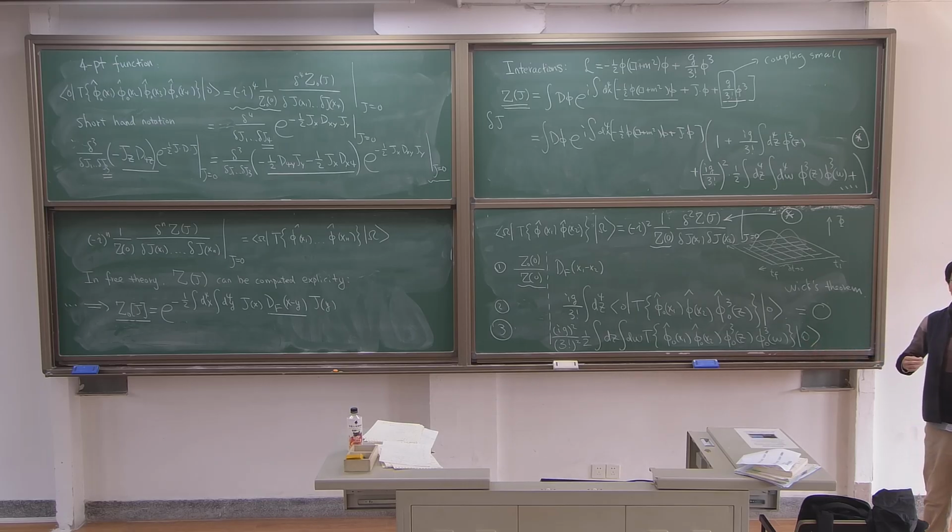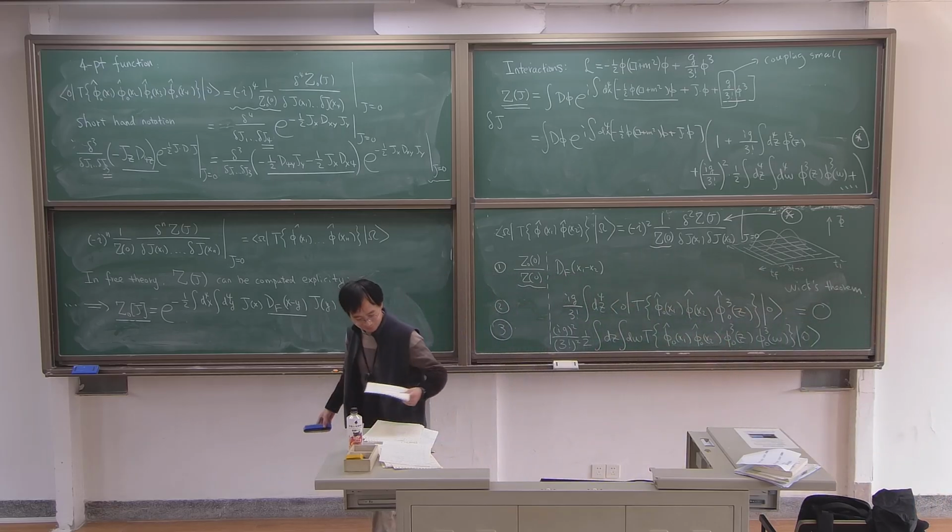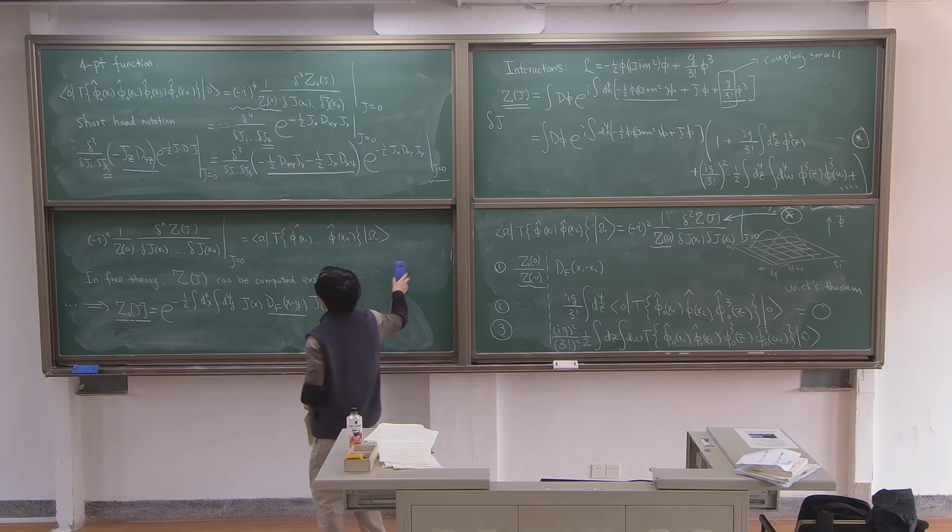So the 8-point function in free theory now becomes a counting problem. You just count how many different contractions there are according to Wick's theorem. It just gives you a correction factor. So let's do the counting.